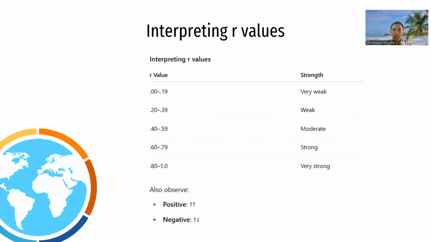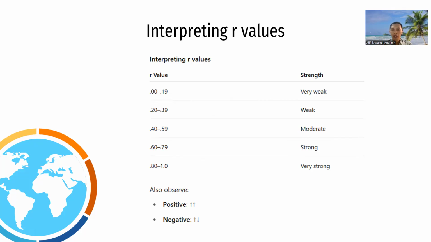And remember, in interpreting the SPSS analysis results, we can find the R value. What is the R value? This is the Pearson correlation. This R value has different ranges of strength. If the R value is 0.41, it belongs to a moderate strength of relationship.